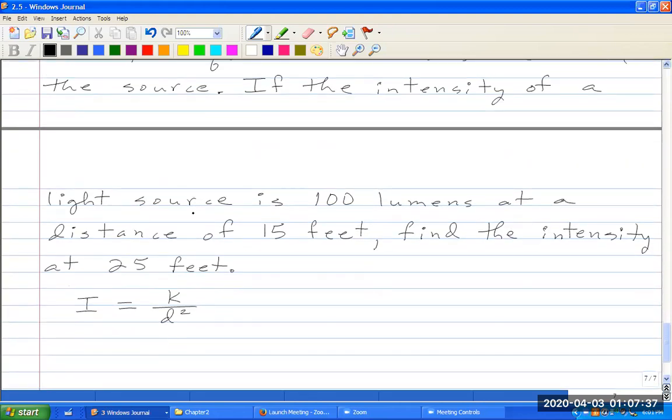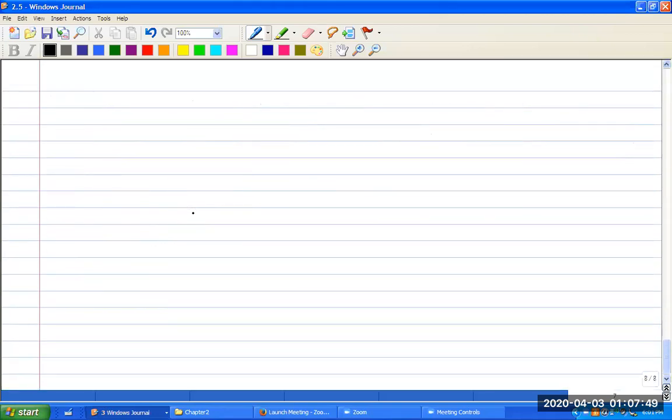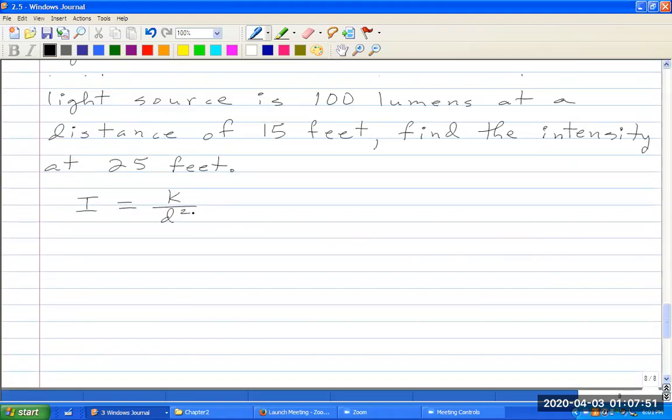If the intensity of the light source is 100 lumens and the distance is 15 feet. So we have 100 lumens and a distance here of 15 feet.